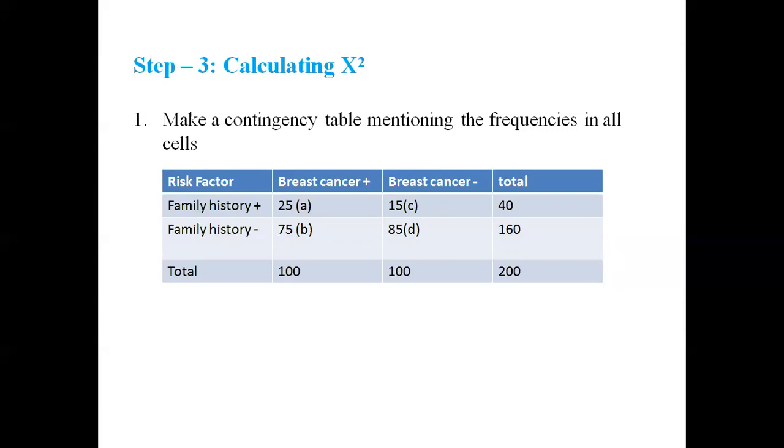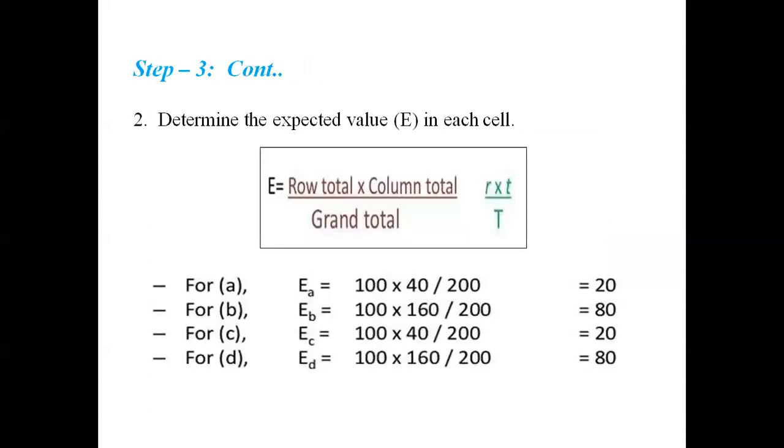Out of those 100, family history was positive in 25, which we mention as A. Then family history was negative among 75, that is B. Then breast cancer was absent, that is the control group, but family history was positive in 15 and family history was negative among 85. So family history positive totals 40 people and family history negative 160. And our total population, cases plus controls, is 200. Okay, so this is how the contingency table is made.